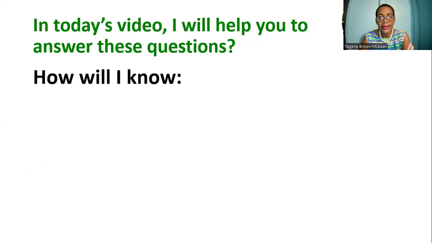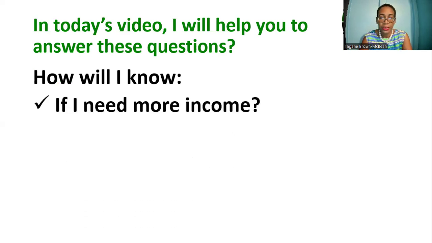So in today's video, we said that we would help you to answer the following questions. How will you know if you need more income? So we answered that, right?